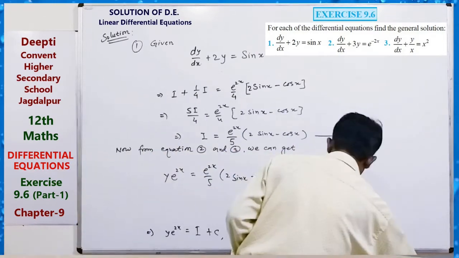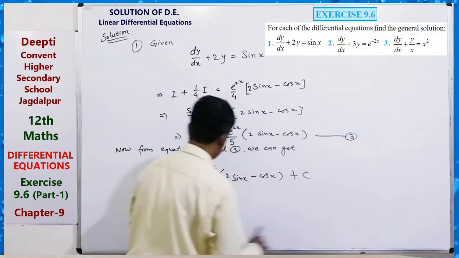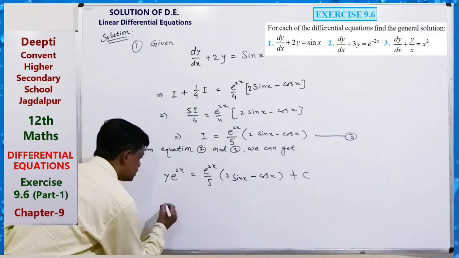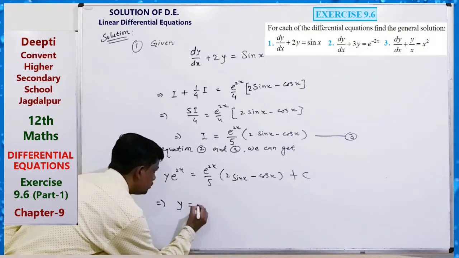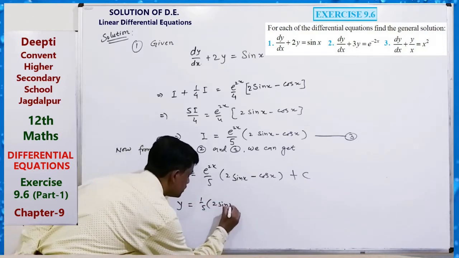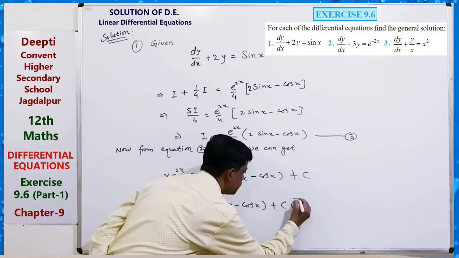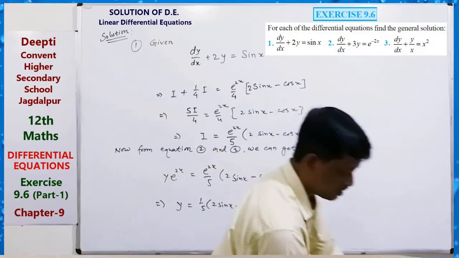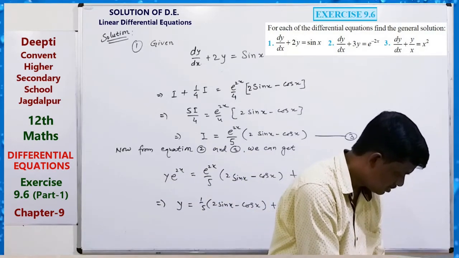You can write it in simplified form. e to the power 2x, e to the power 2x may cancel out. So y equals 1 by 5 into 2 sin x minus cos x plus c e to the power minus 2x. So solution of 9.6 first question.